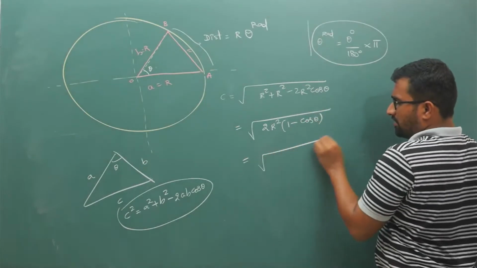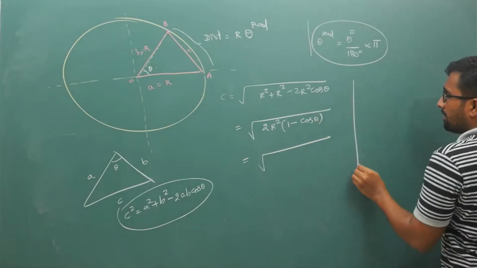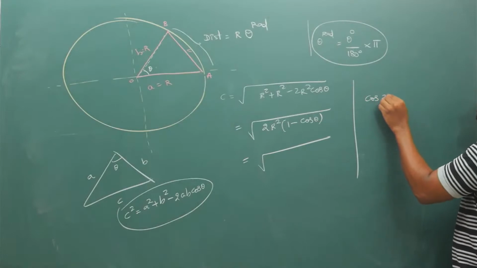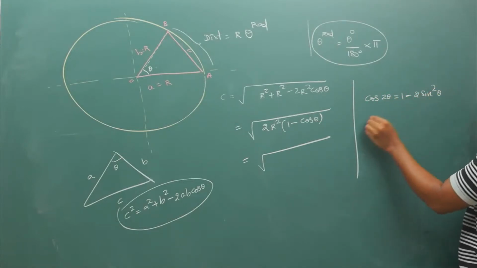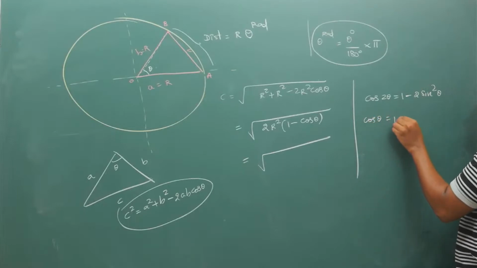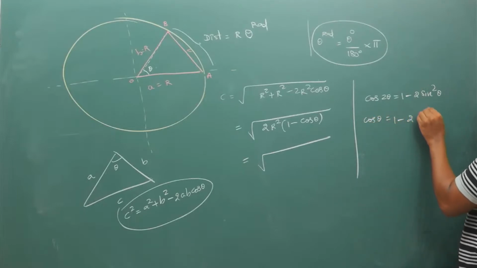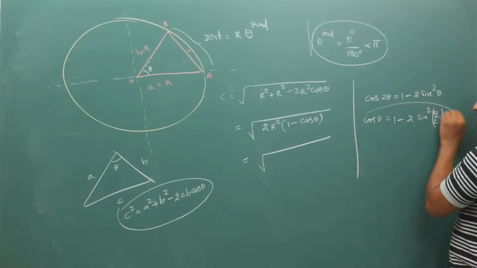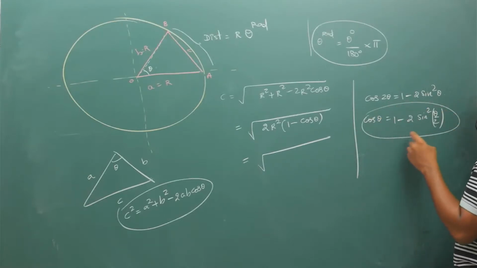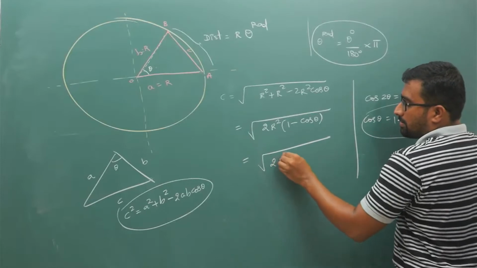Now in maths, cos 2 theta can be written as 1 minus 2 sine square theta. Similarly, cos theta can be written as 1 minus 2 sine square theta by 2. So from here, 1 minus cos theta can be replaced and written as 2 sine square theta by 2.